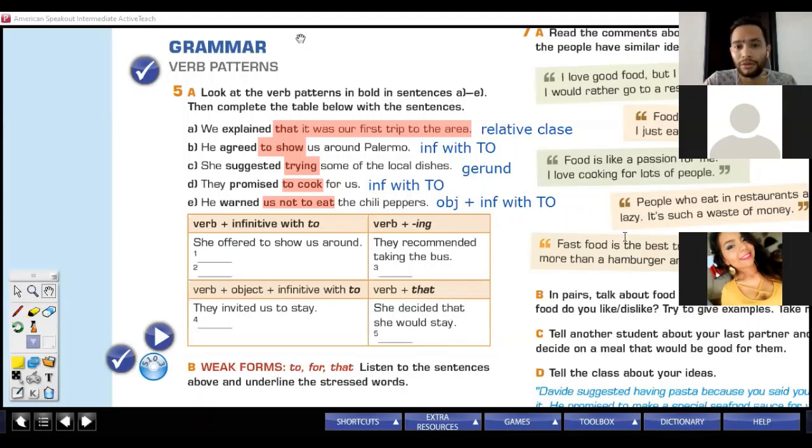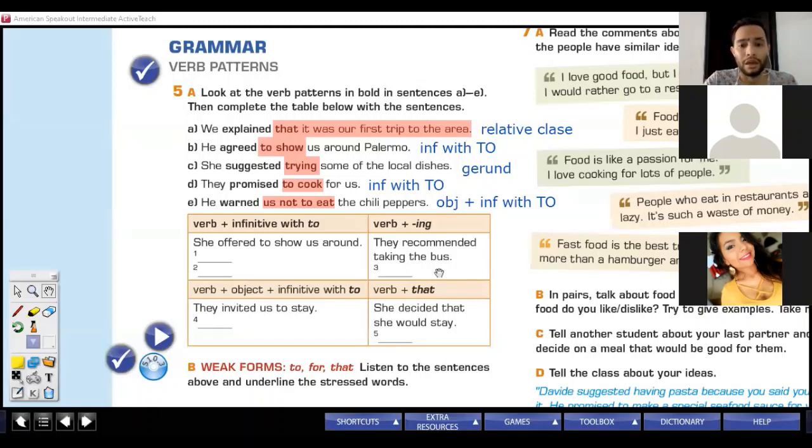But now what we are going to do is go into the verbs themselves. What are those verbs that go with to, and what are those verbs that go with ing? We're going to work specifically on the two patterns that are the most difficult.